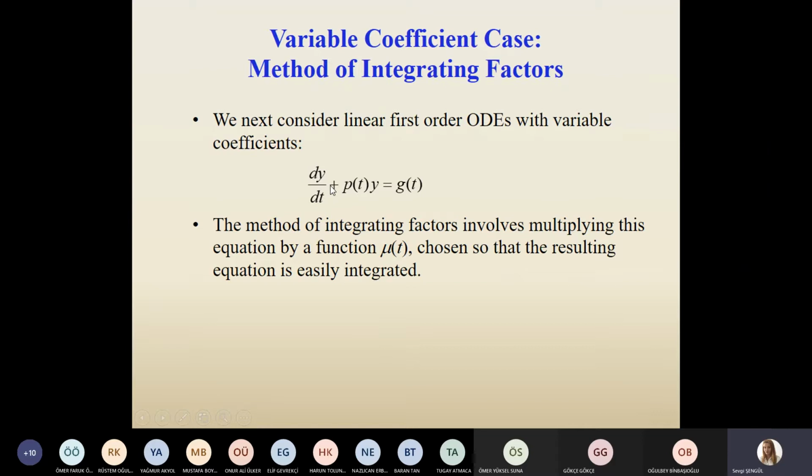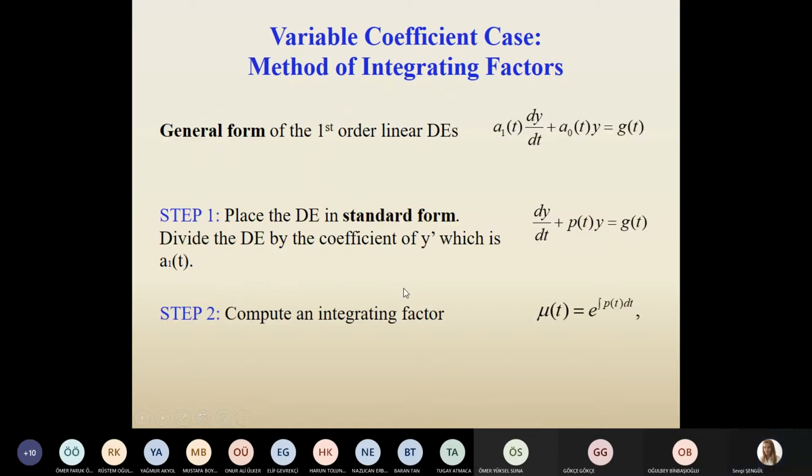We call this factor the integrating factor, because once we multiply the equation with it, by just taking the integral of each side, we can solve this equation easily. That's the aim, okay? The integrating factor is denoted with the function mu of t.